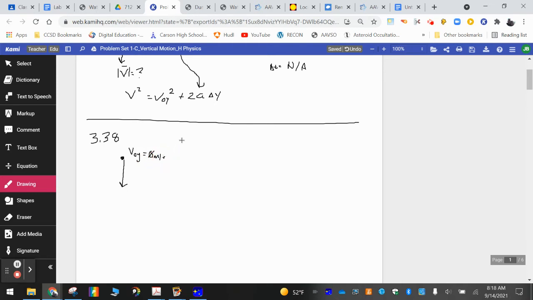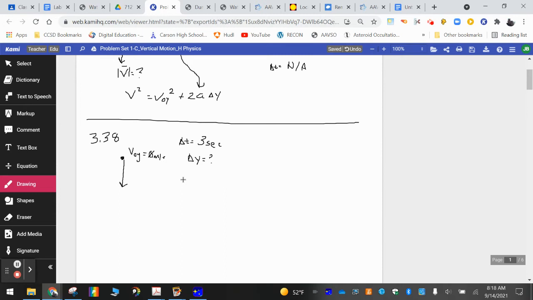And this time we are given time, which is 3 seconds. It says, how far will it travel? So delta y is not known.